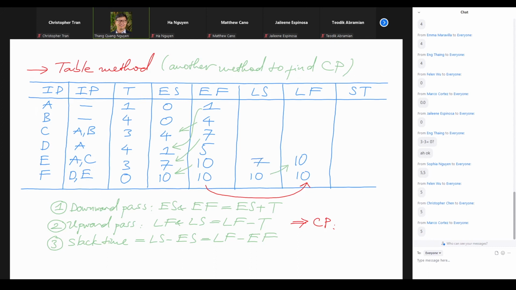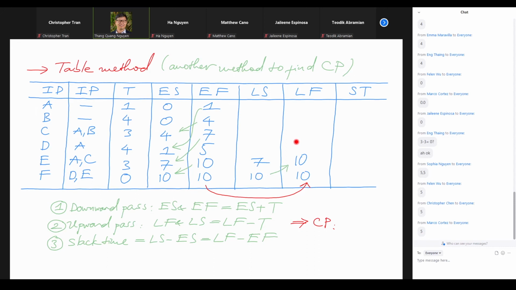Okay? And then now let's do D by the same token. We ask ourselves, where does D go to? D doesn't go to E, right? D doesn't show up here at all. But D goes to F, right? So before F, we have to finish the D. And F is started at 10.